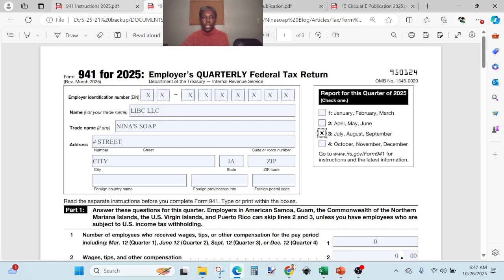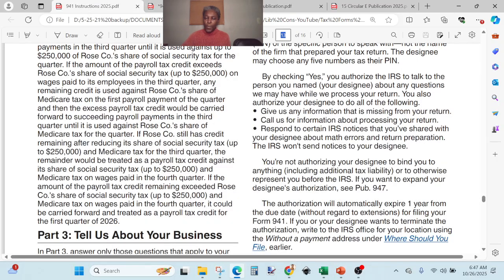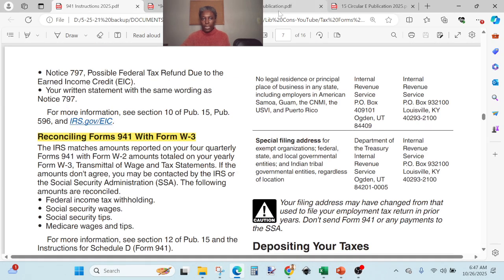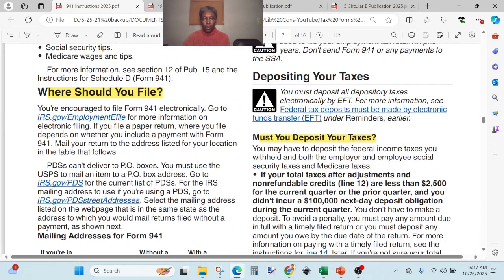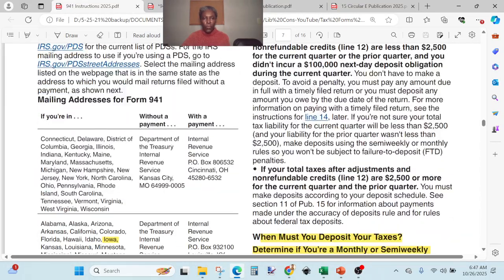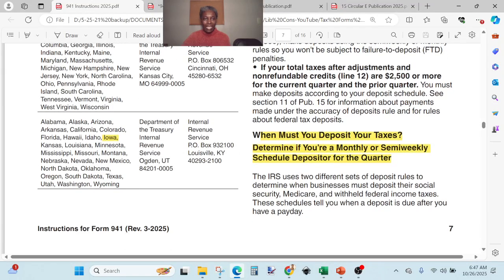So you'll go to the instructions, page, I believe 7, where should you file, and they have the address. Without a payment will be your situation, so you want that column 2. They have 3 columns. So you want to stay within column 2 and look for where your state is located.